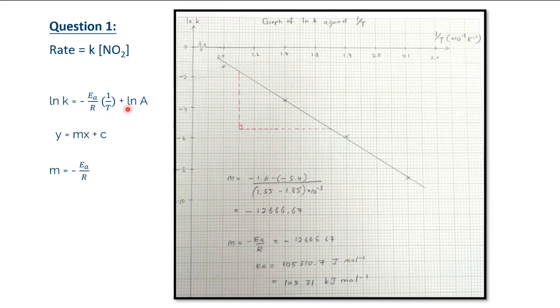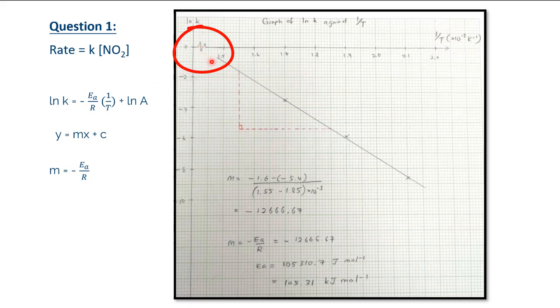So when you plot the graph, you will see a linear graph like this. In this graph, we have our title, graph of ln K against 1 over T. We have our y-axis, ln K, and our x-axis together with 10 to the power of negative 3 and the units. And look over here.